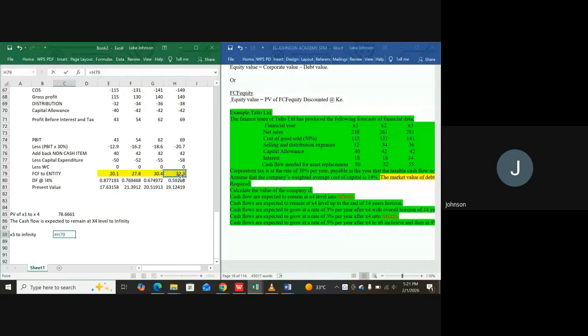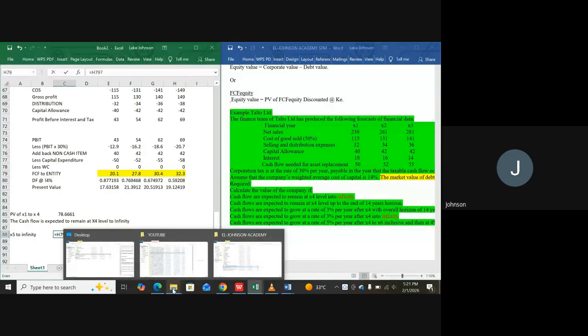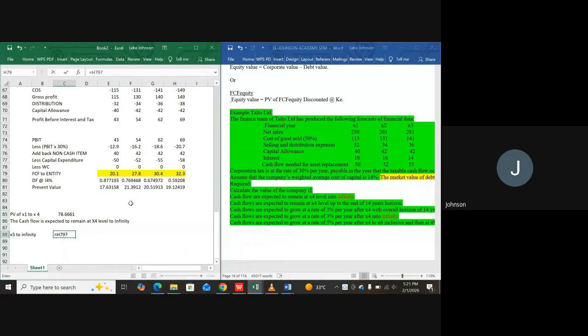divided by the discount factor. Oh, sorry. Divided by the discount rate, which is 14%, right? Then whatever you get, I need to put it in brackets.